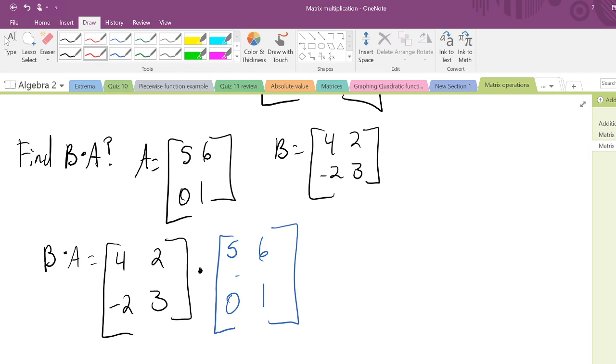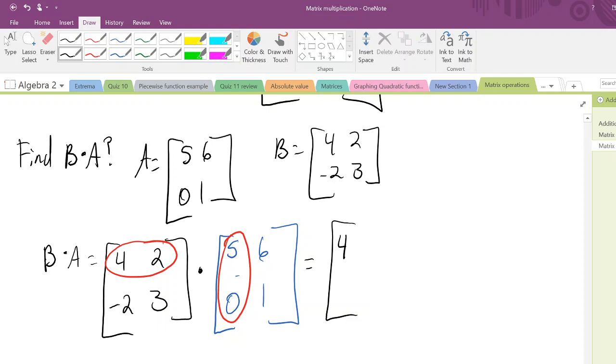Then I'm going to grab my first row. So it's equal to my first row times my first column. Okay, so I'm going to have 4 times 5 plus 2 times 0.